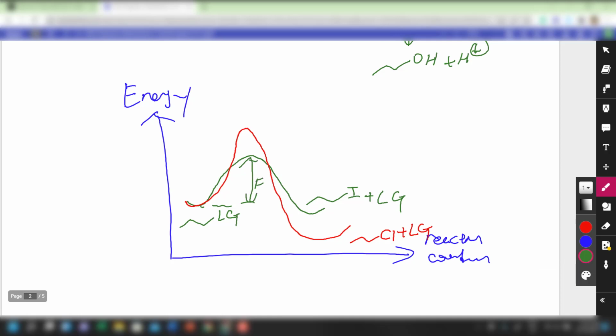So this is the Ea. But of course the C-I bond is weaker. So if you consider the reverse reaction, obviously it will have a lower activation barrier as compared to that between the chloroalkane and the leaving group. With that, we have come to the end of the debrief to question 2.